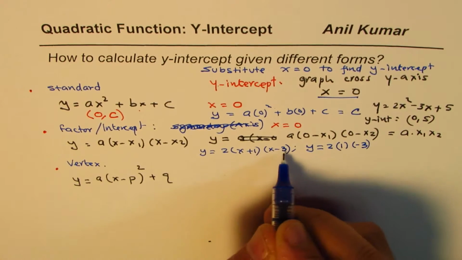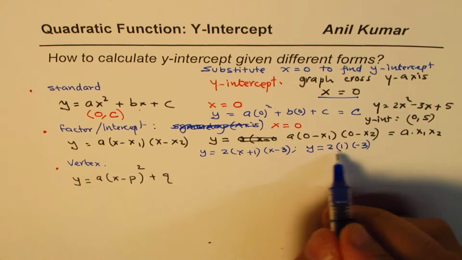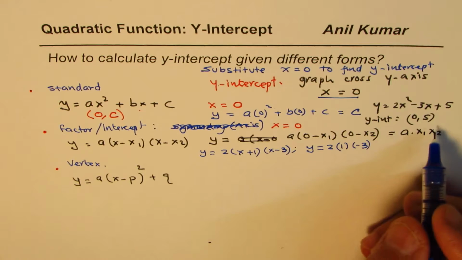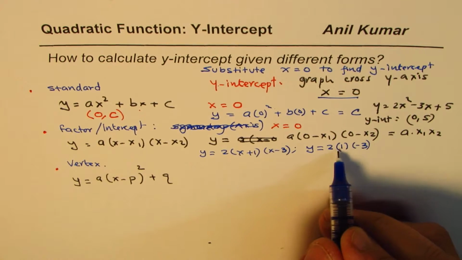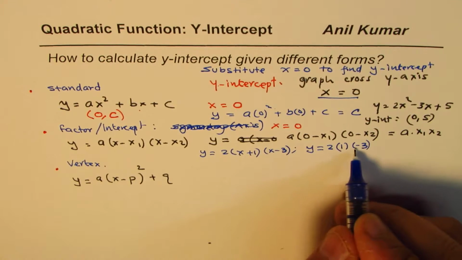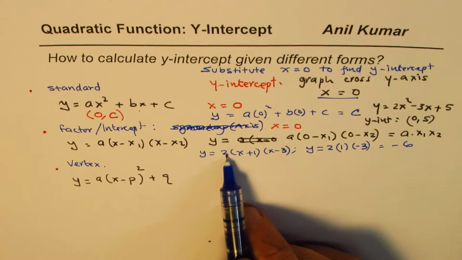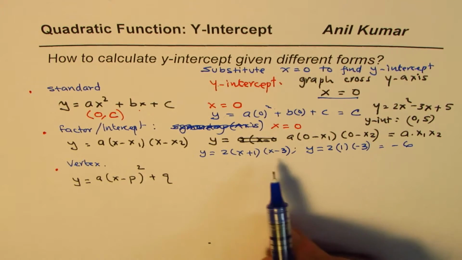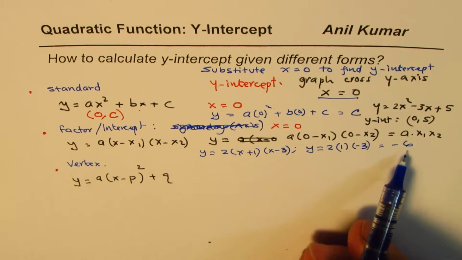So it's just the product of these numbers, right? So when you do that, you get minus 6. So just multiply these numbers and you get your y-intercept. That's how you do it. So whenever you're given this form, that's your answer.